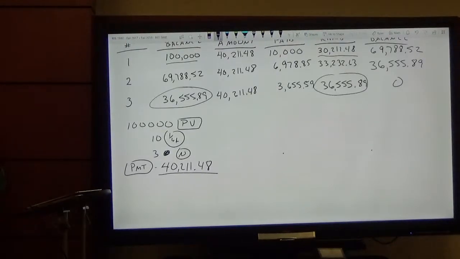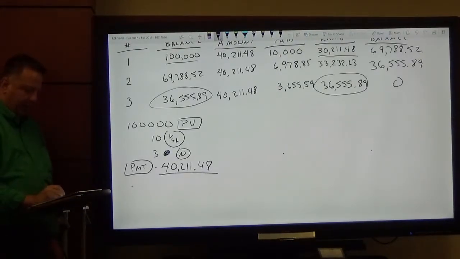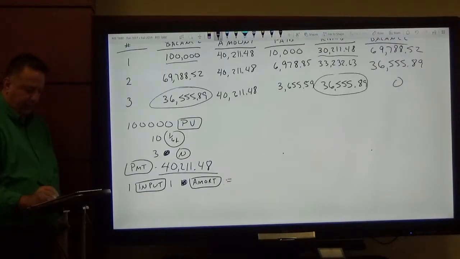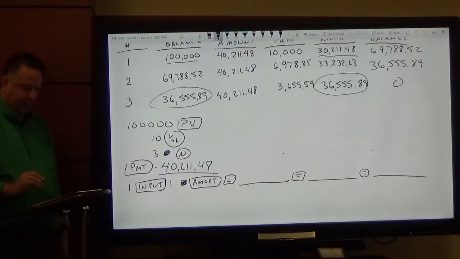Now, to use the amortization function, here's how it would work. All right, we're going to start off with one input, one shift, amortize, equal. And then we're going to draw blank, hit equal again, draw blank, hit equal again, draw blank.